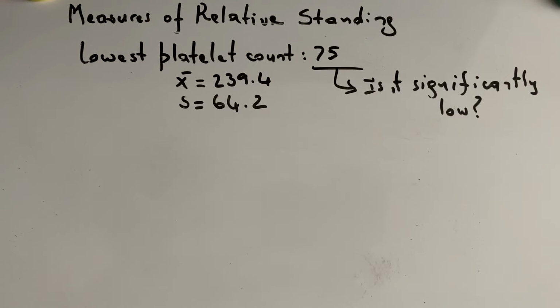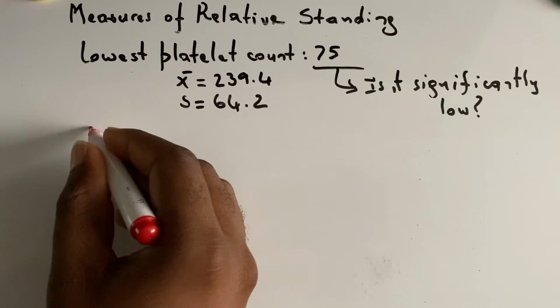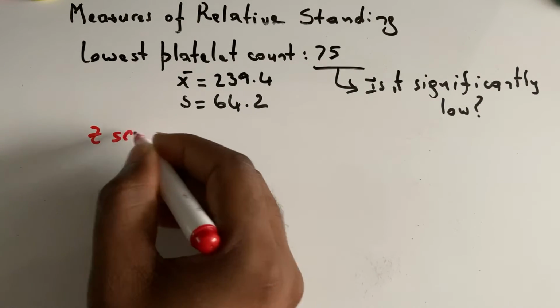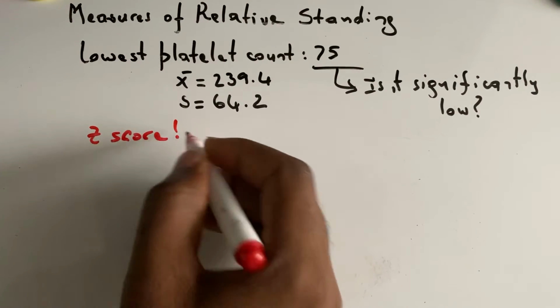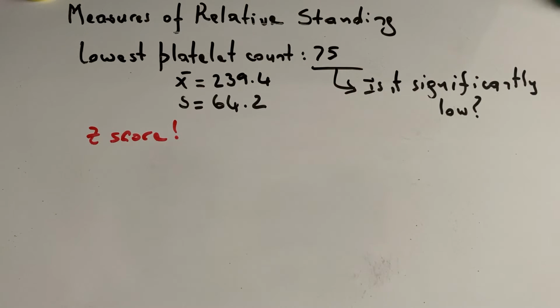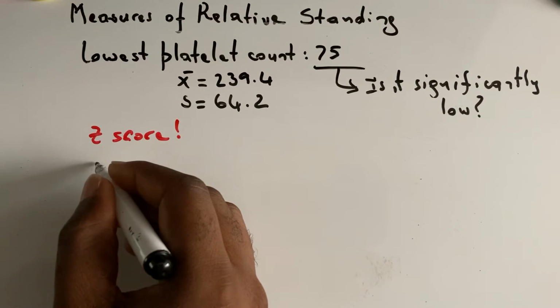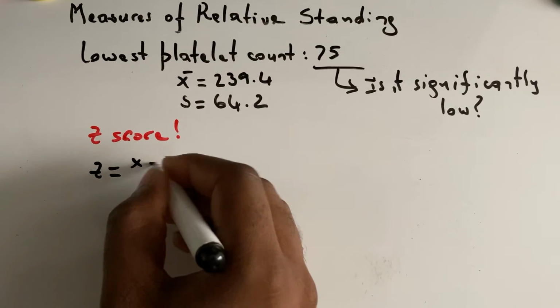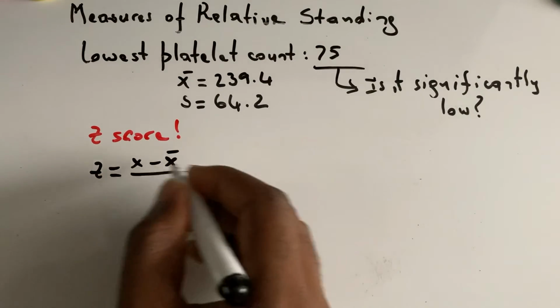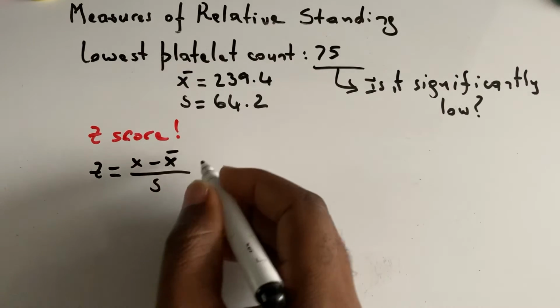So what do we do? Well, we know about z-scores. The z-score can help us in this case. Now, let's calculate it. The formula is z equals x minus x bar, because we're dealing with a sample, divided by s.